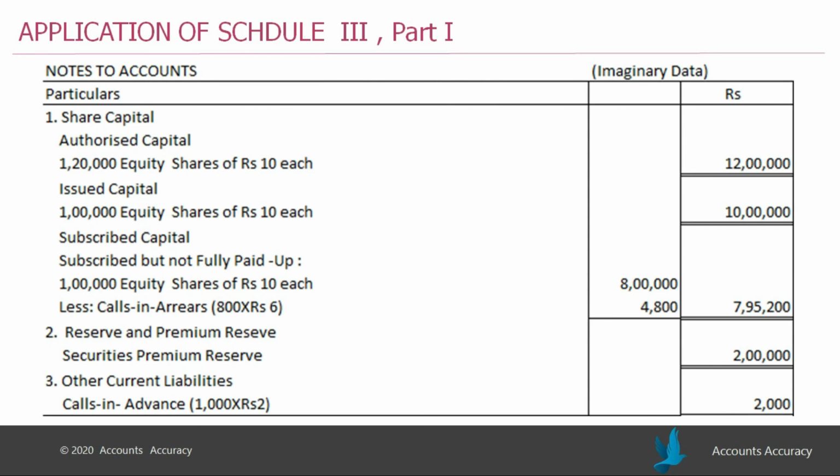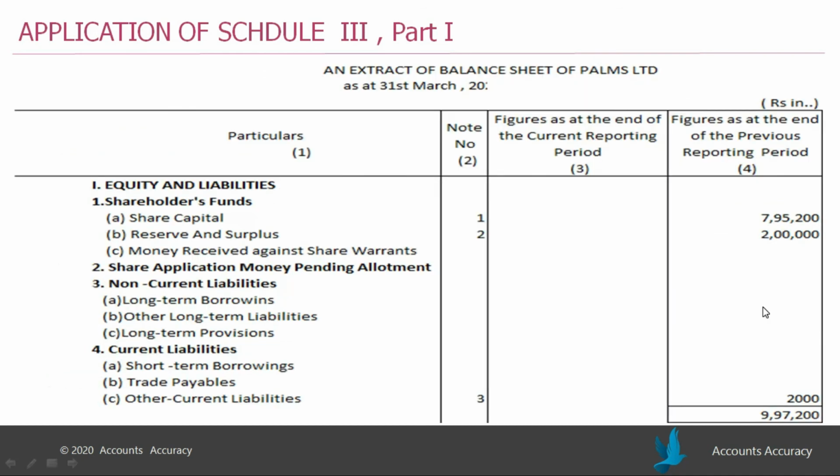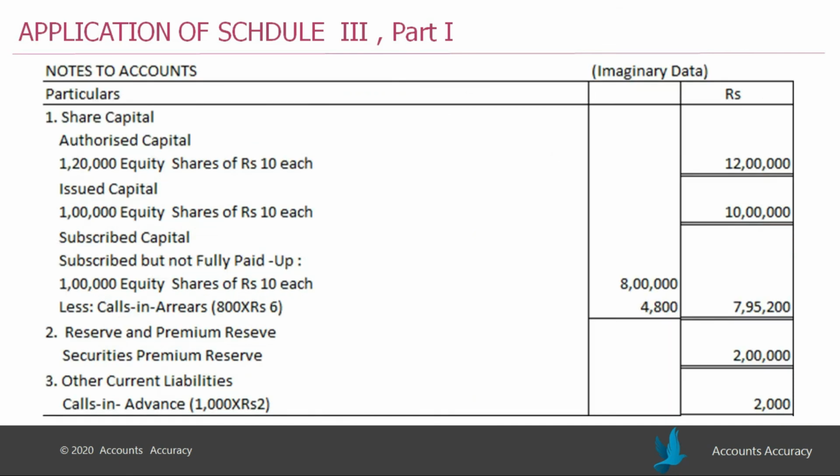So that will be deducted from 8 lakh. Then the amount received on subscribed capital will be 7,95,200. So this amount will be written in the balance sheet. Here you calculated it in notes to accounts, and the final value you will write in the main balance sheet.